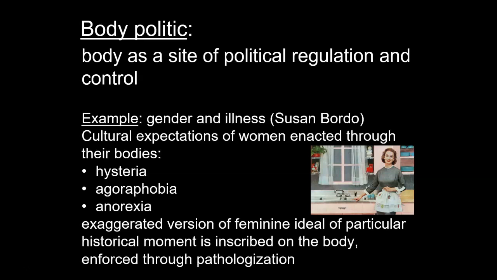So what Bordo is saying is that it's not a coincidence that in this exact era where women were being heavily expected to be in the home and to do certain kinds of things in the home, there was a rise in this agoraphobia, which is the fear of leaving your home, right? So she's saying it's a sort of exaggerated version of the feminine ideal of the domestic sphere for women, the idealized 1950s housewife, that became a sort of pathologized version of what that current cultural expectation of women was.